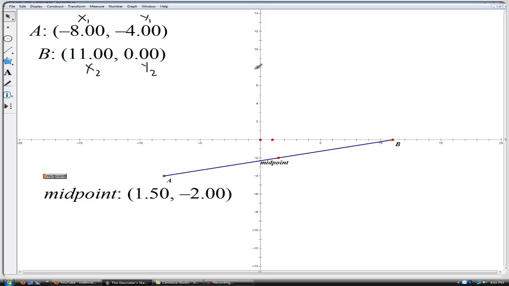And so our formula is the sum of the two x values, x sub 1 and x sub 2, divided by how many there are, 2 of them. And then we do the same exact procedure, y sub 1 plus y sub 2, sub meaning subscript, divided by 2. There's your formula.